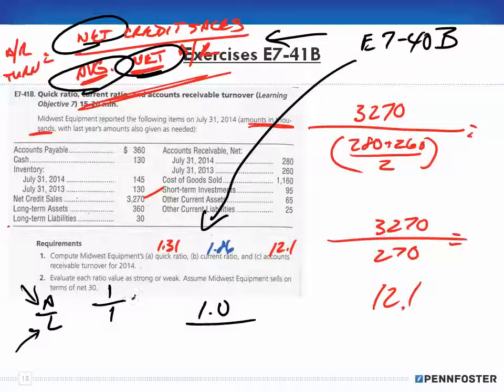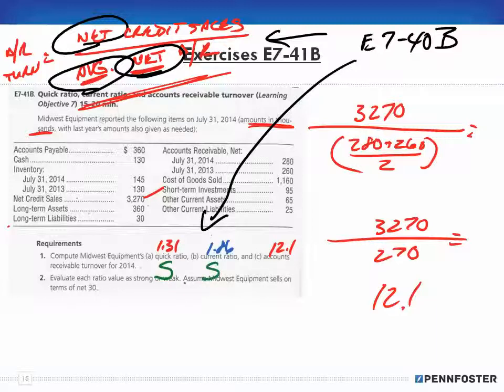Anything lower, like if you had 0.5 in assets and 1 in liability, then you're in bad shape because you cannot sell off your assets to pay your liabilities. So in this case here, our quick ratio here is strong, okay, and so is our current ratio. It is strong.